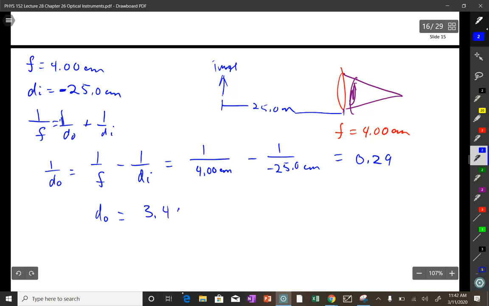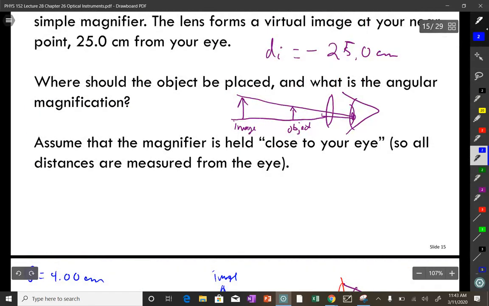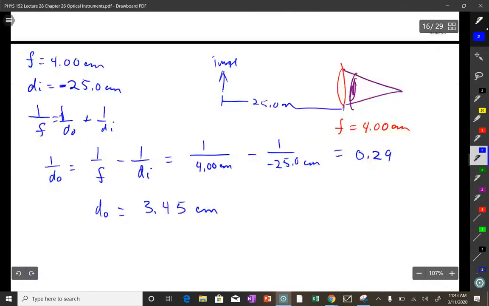He says 3.45, because you just take the inverse of the 0.29, right? Yeah, 3.44827. So now we have the distance object, where the object is placed. That was, where should the object be placed? There's my answer, distance object.